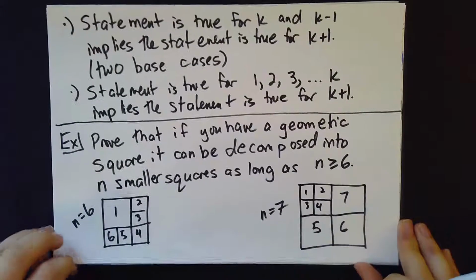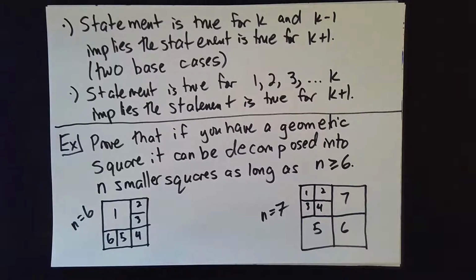Okay. Now, these two examples actually show you that maybe it's going to be pretty hard to show that if it's possible to break a square into k squares, then it's possible to break it into k plus 1 squares.